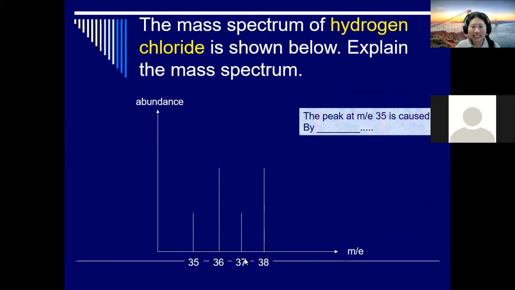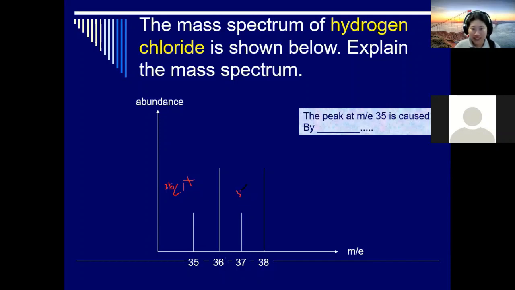Okay, so in this case, you have 35, 36, 37, 38. So what are they? You have to analyze yourself. So you look at the things. 35 must be my chlorine 35. So you just write chlorine 35, then you put a positive charge here. And then the second isotope of chlorine is not 36, it is 37.